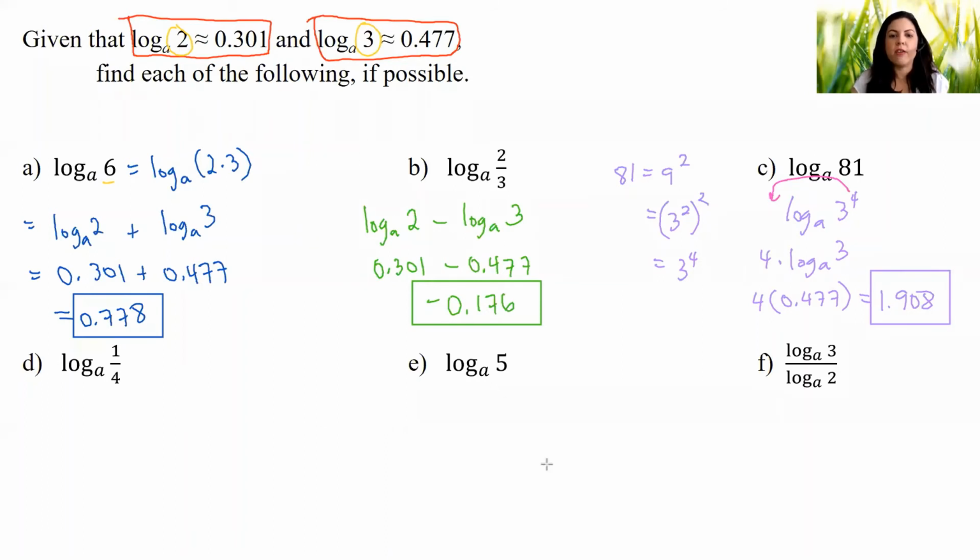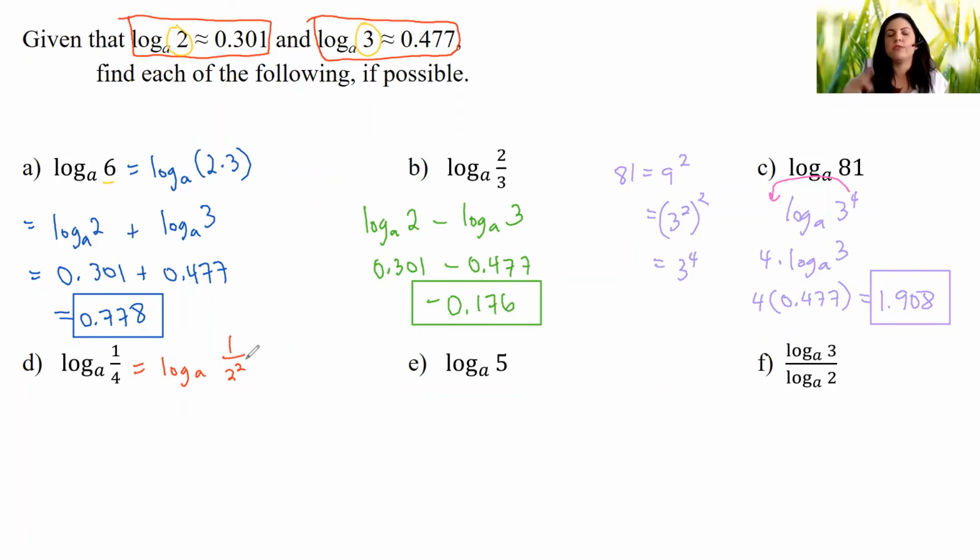We're asked now to look for log base a of 1/4. So there's a few different ways that we can do this. 4 is the same as 2 squared. And we have it as this fraction, so we could do the quotient rule, or we can rewrite this with a negative exponent.